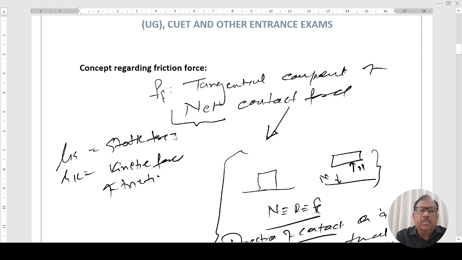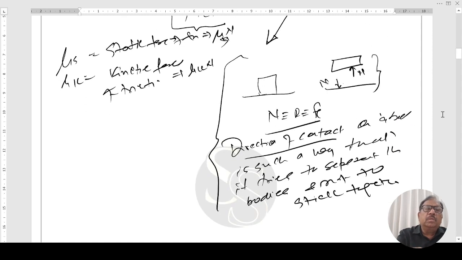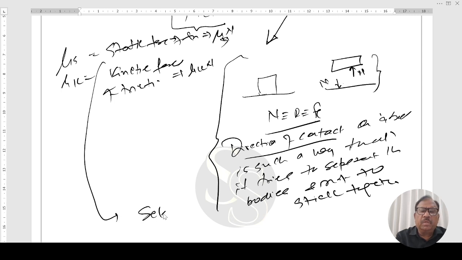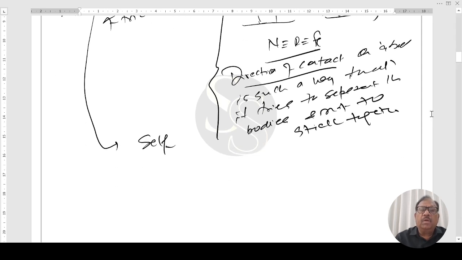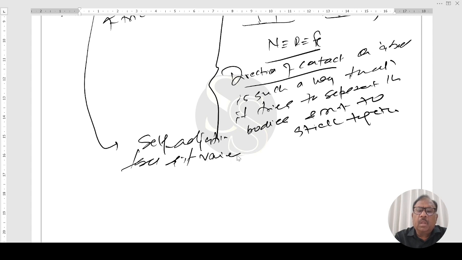Static force of friction: coefficient of static friction, that is µsN, and kinetic is µkN, right? And static friction is a self-adjusting force, and it varies from 0 to FL.